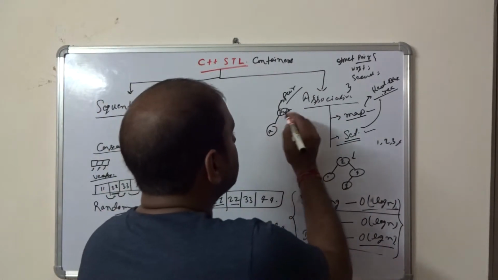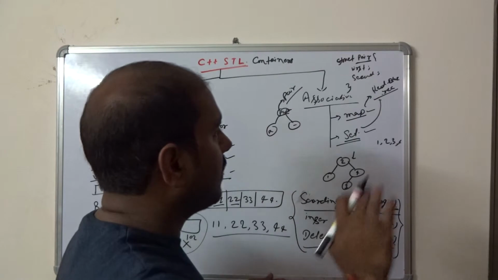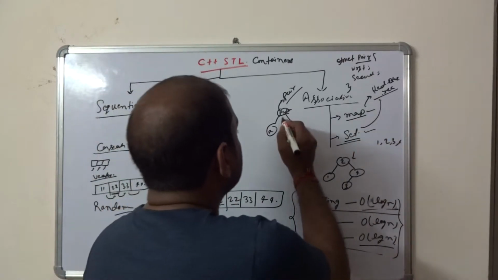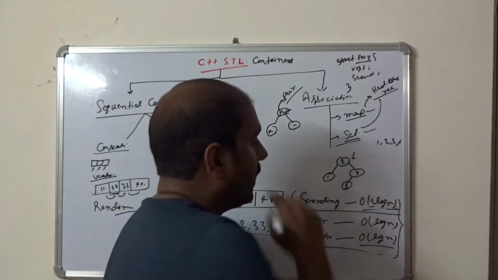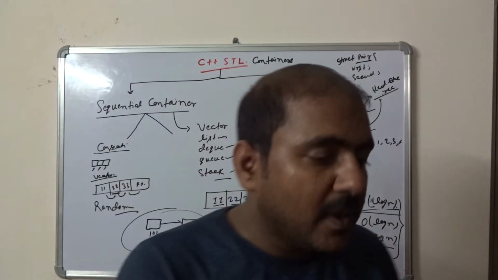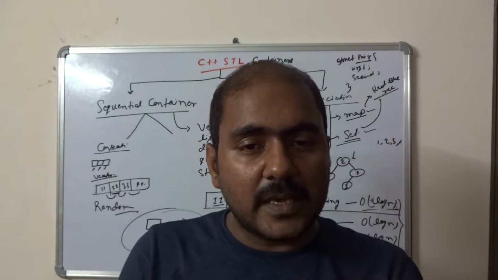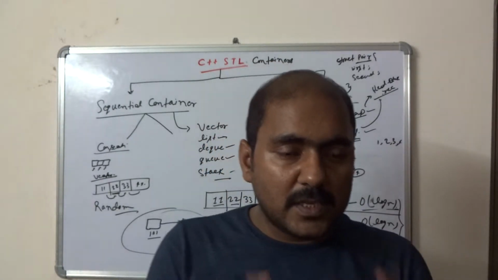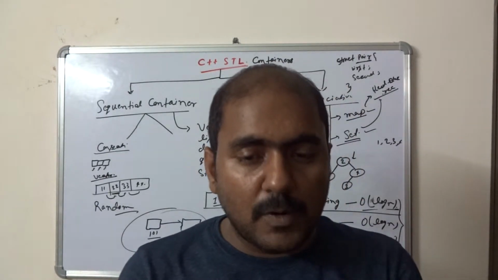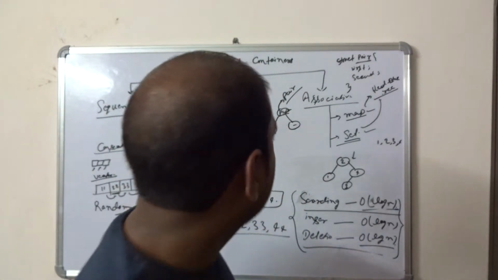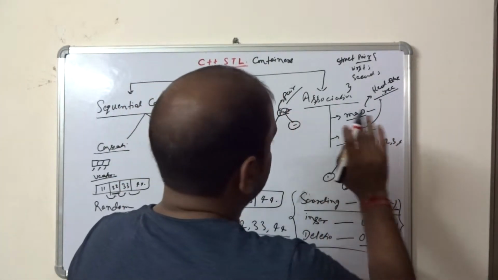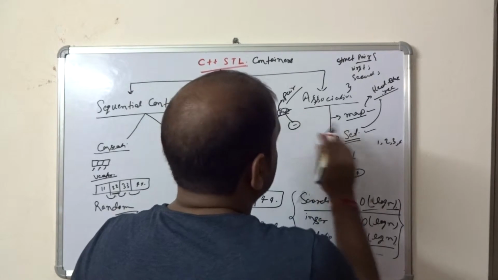So in map, this is the pair, the concept of pair, first, second. In the map, the key cannot be duplicate. There is one node for one key. Key must not be duplicate, and you have to maintain this.